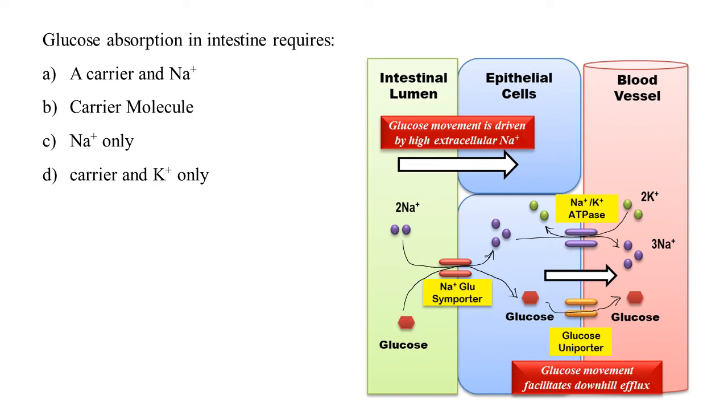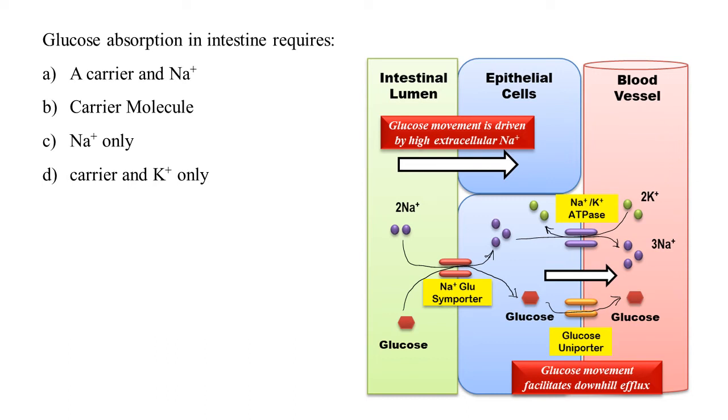What happens is, in the intestinal lumen there are plenty of sodium ions, which as per their concentration gradient enter into the epithelial cells of the intestine, and along with their movement they drag glucose along with it, and glucose also uses the same symporter or carrier molecule in order to enter the enterocytes.